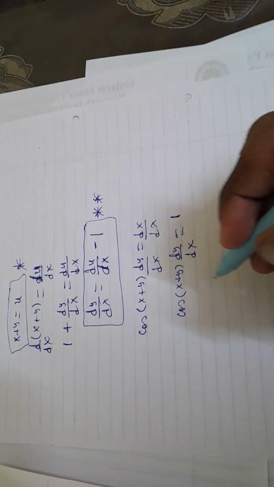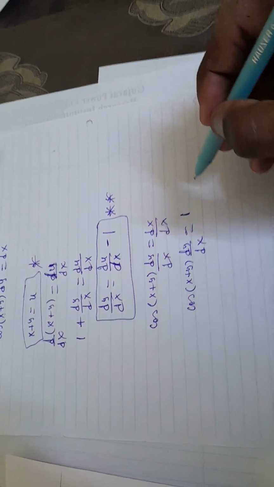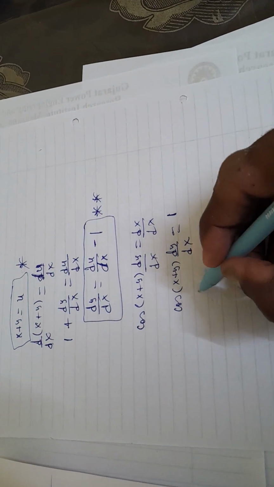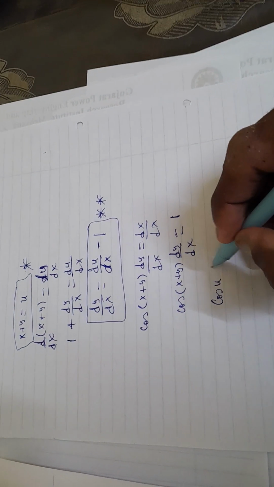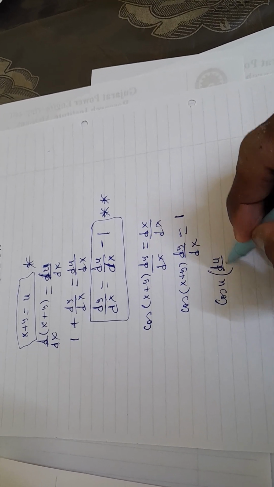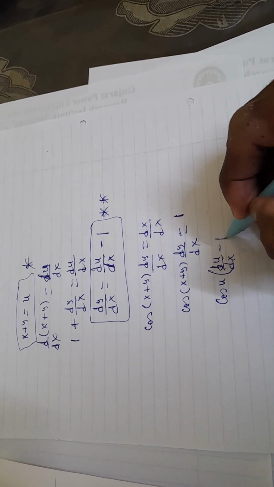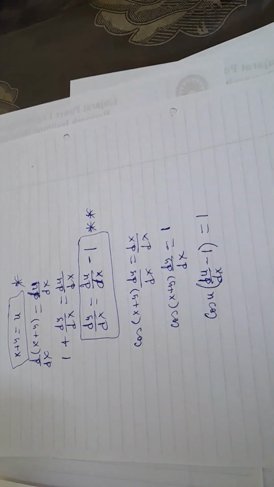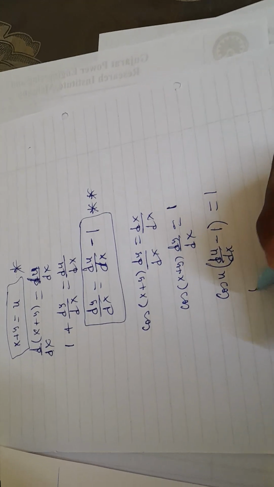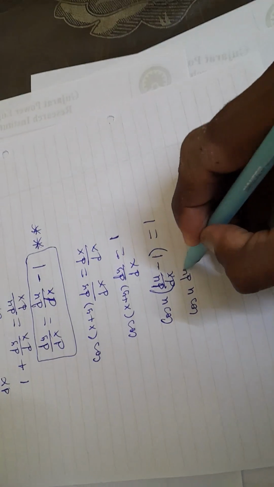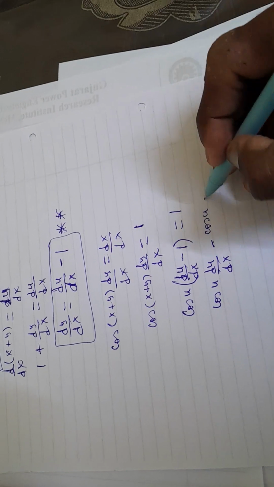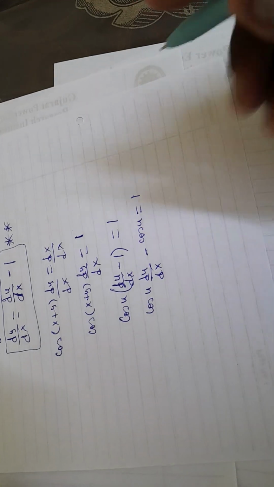Now we will substitute this in this equation. It will be cos of u, then here it will be du dx minus 1, and here equal to 1. Now from here, whatever you have to do is just to find cos of u du dx minus cos of u is equal to 1.